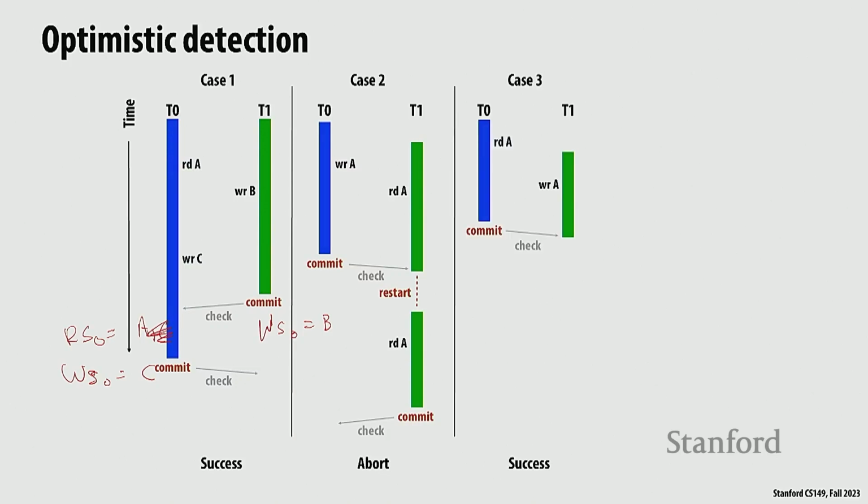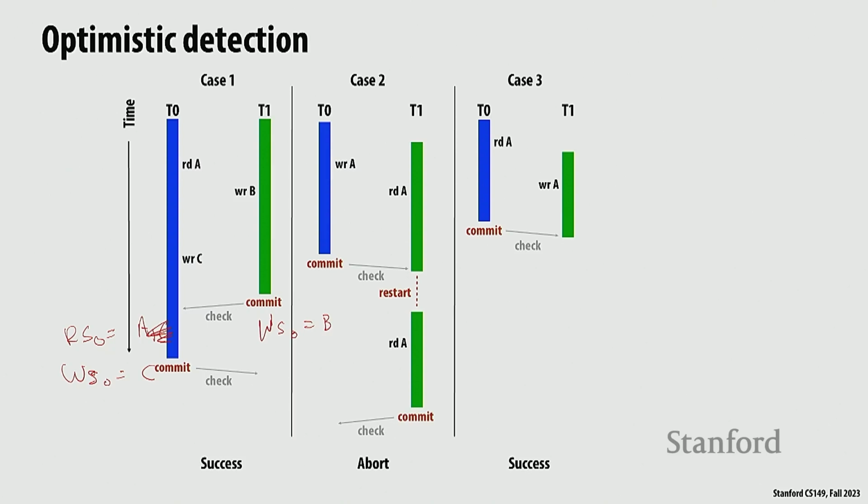In case 3, we have a read of A, and write and commit. So we read A. Of course, that read of A could happen anywhere in the transaction.